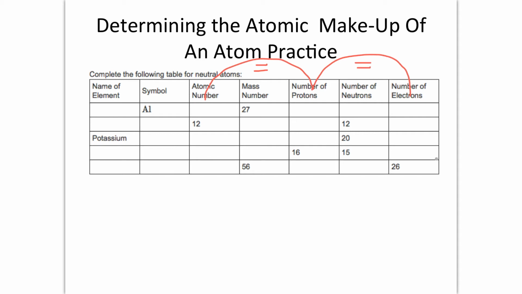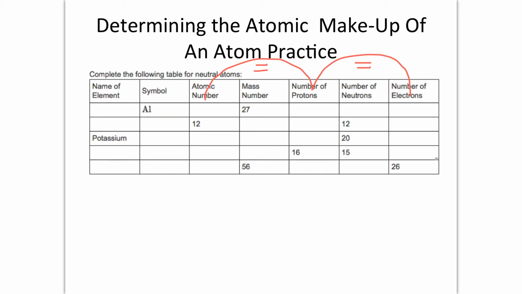Remember, in a neutral atom, the atomic number is the number of protons. And since we have an electrically neutral atom, we can't have more positive charges than negative charges. For every 1 proton, we need an opposite, a negative charge, so 1 electron. So these 3 boxes are all related.